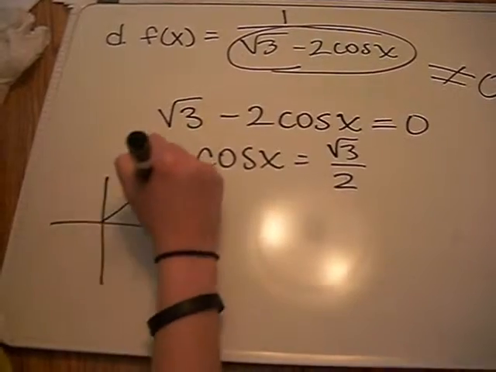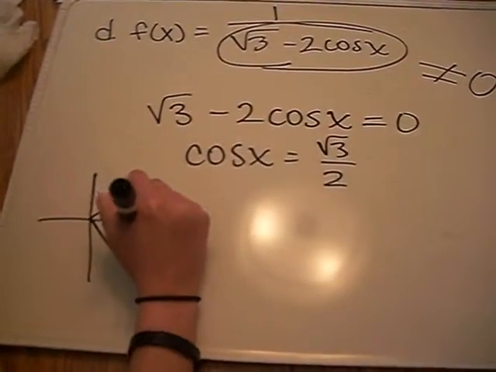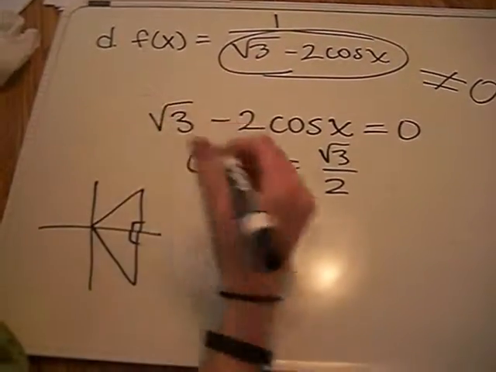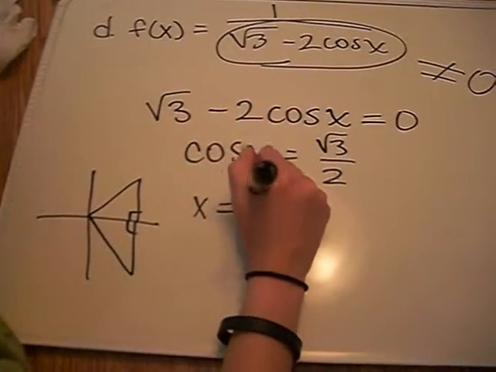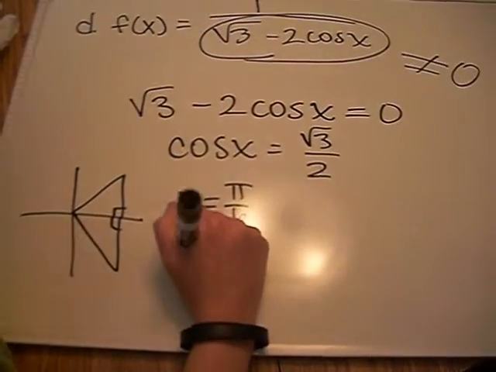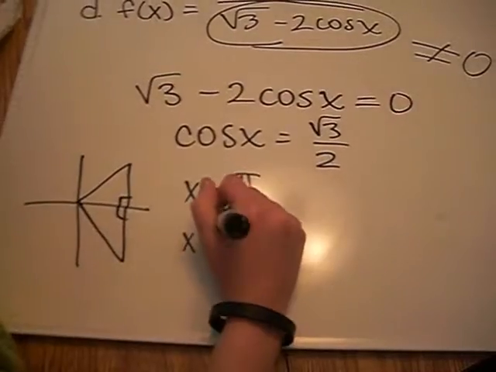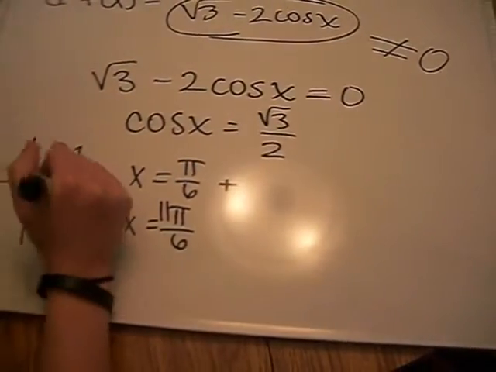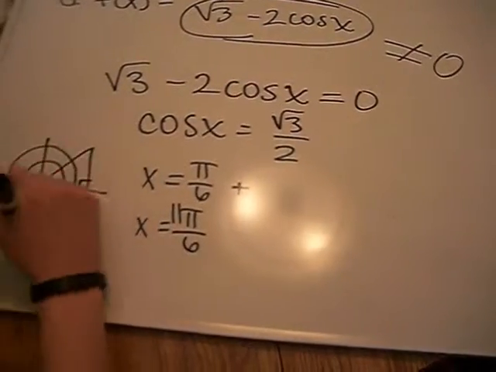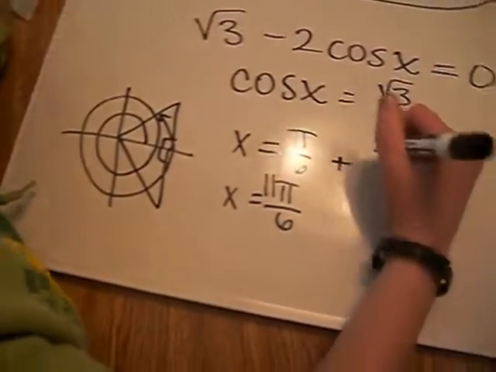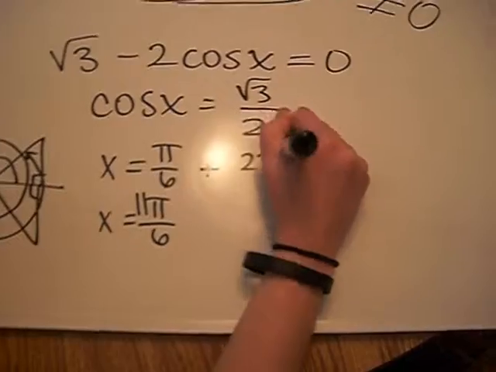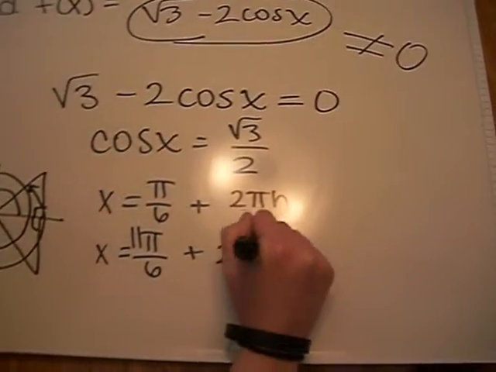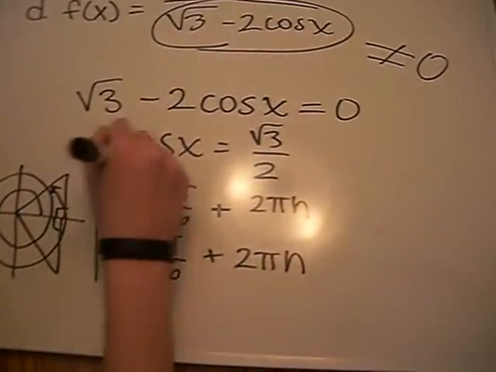When you draw these out, cosine of x equals root 3 over 2 when x is equal to pi over 6 and when x is equal to 11 pi over 6. But then you have to keep in account that sometimes these can circle a ton of times, so you have to add 2 pi n to each of these. And these are your answers.